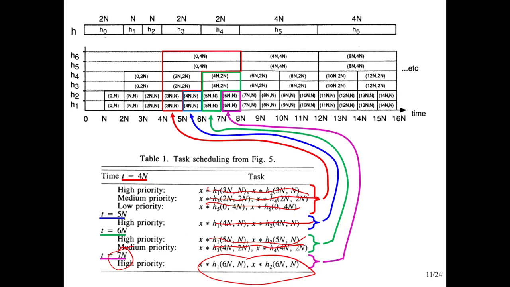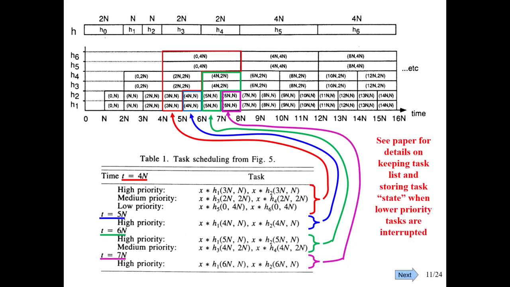Well, actually, at that point, I have to finish those, I have to finish those, and I have to finish those, all by the end of 8n. So a lot of details and difficulty in programming this.